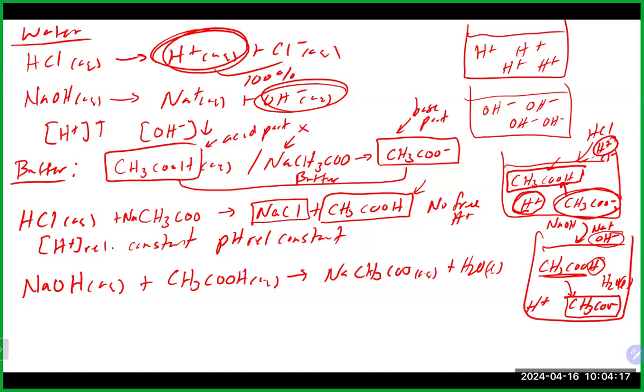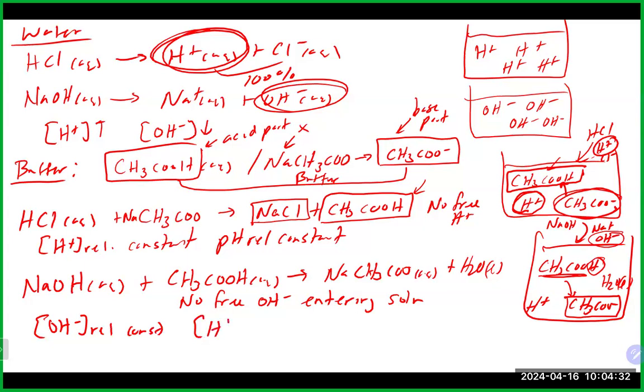And here again, there's no free OH minus entering the solution, basically. And because that OH minus stays relatively constant, that's going to keep our H plus relatively constant. And that is ultimately what's going to also keep our pH relatively constant.